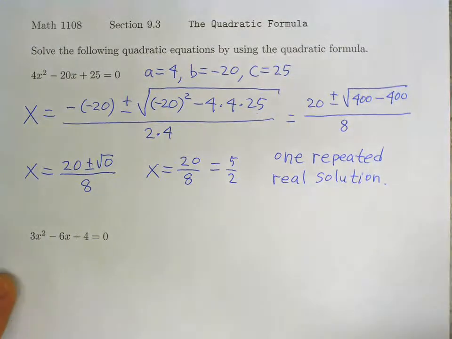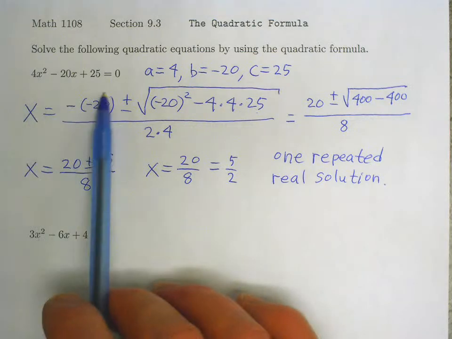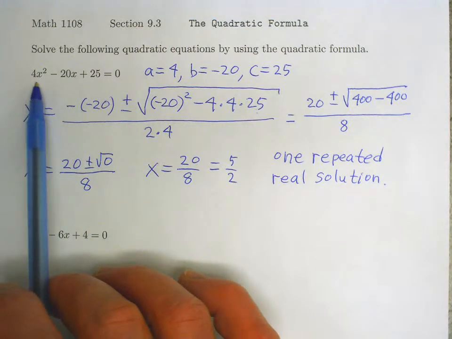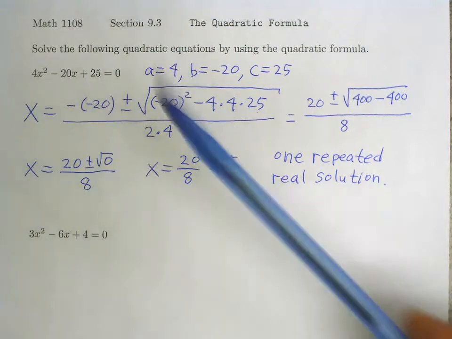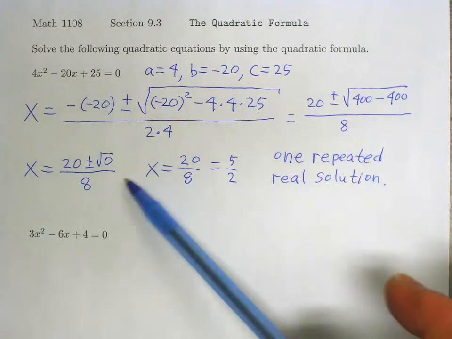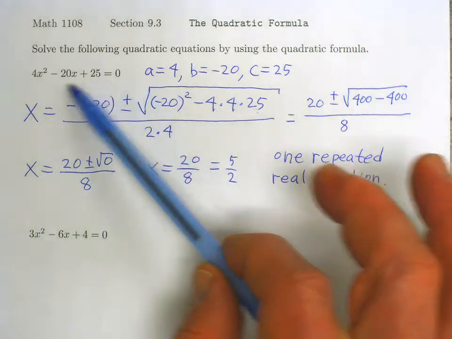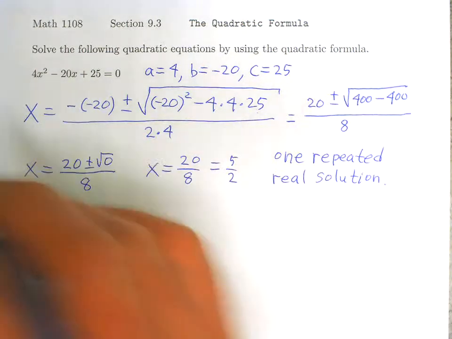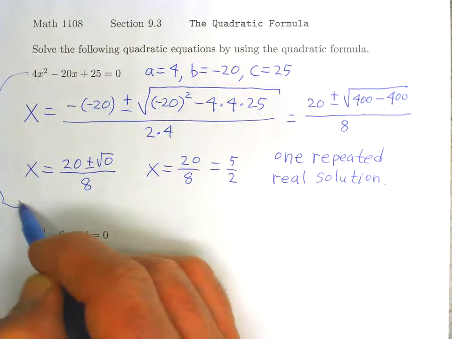Okay, so what does that mean? The original equation, note that the greatest common factor of the 3 terms is 1. So since the discriminant is 0, it must mean that this is a perfect square trinomial. And sure enough, I'll just write it in factored form.